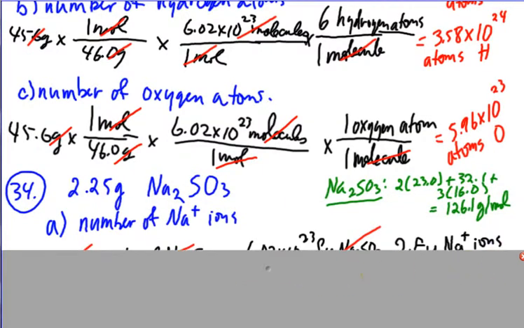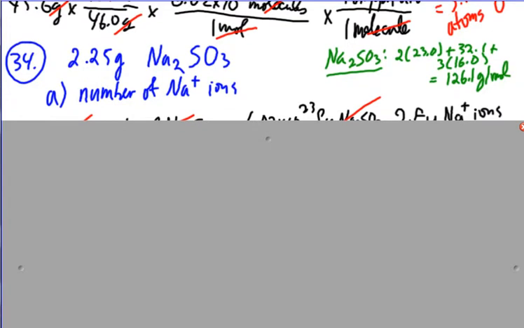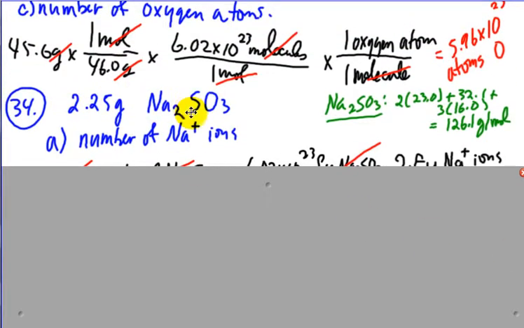Okay. I guess the last one here I have sodium sulfite. Sodium's a metal, sulfite are nonmetals, so here we're dealing with formula units again and ions. Number of sodium ions. So here I worked out the molar mass of sodium sulfite. 2 sodiums plus 1 sulfur plus 3 oxygens, 126.1 grams per mole.